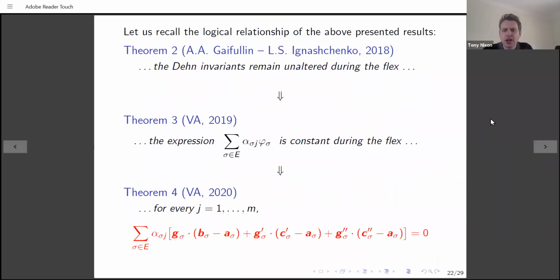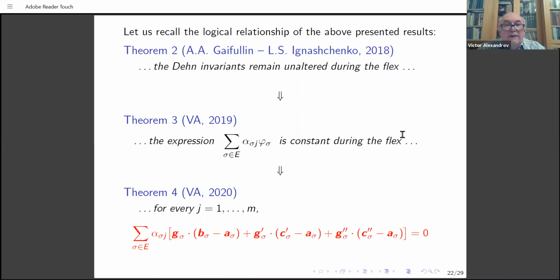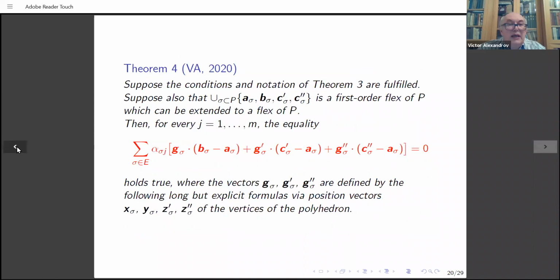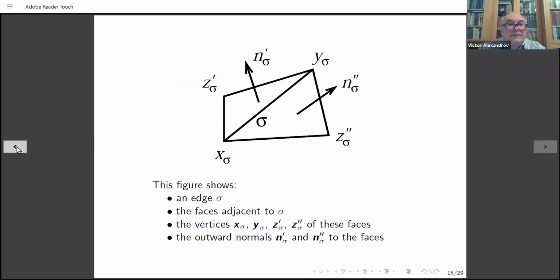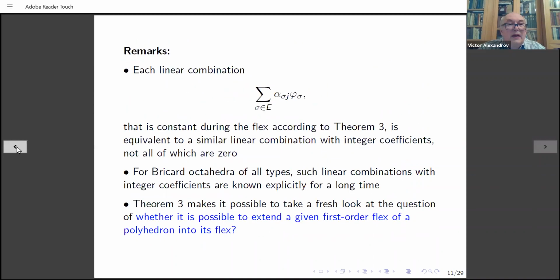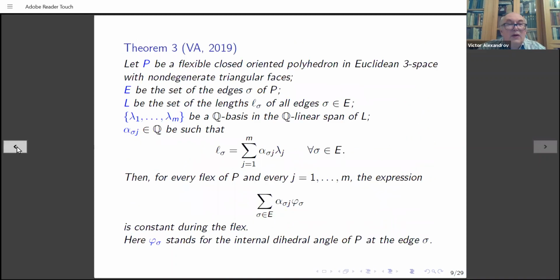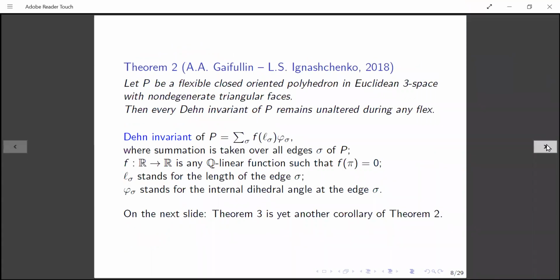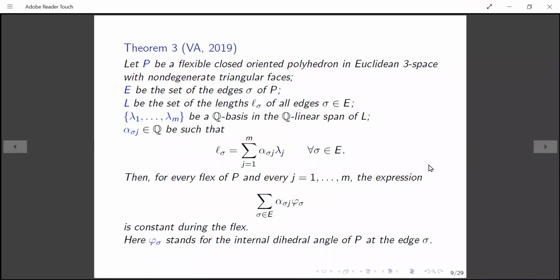Victor, there's a question in the chat, if you can look. It says, where does the basis come in? Where does the basis come in, the coefficient alpha depends on the basis? Yes, of course, it depends on the basis. Let me go back. So my question is whether the result is independent of that basis.